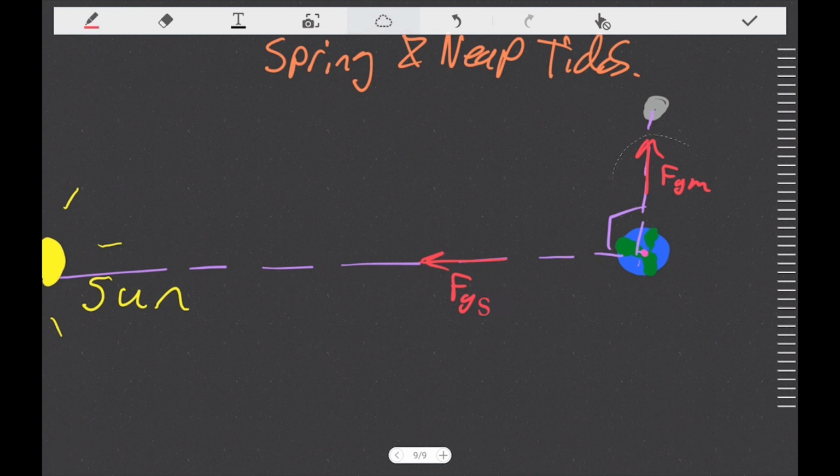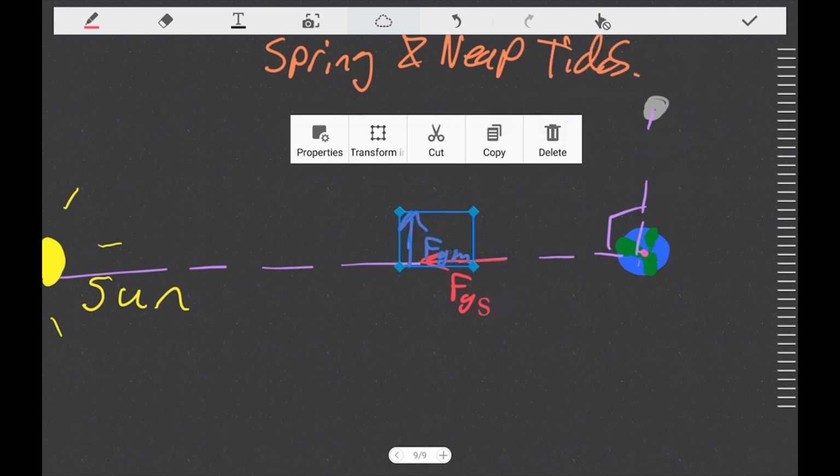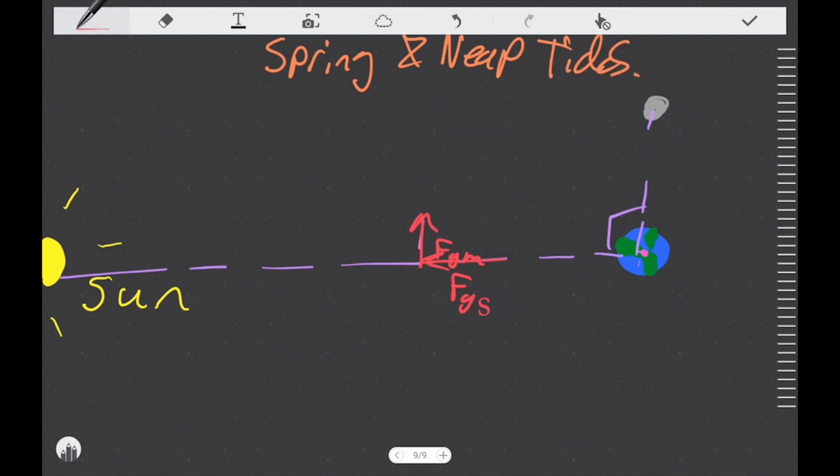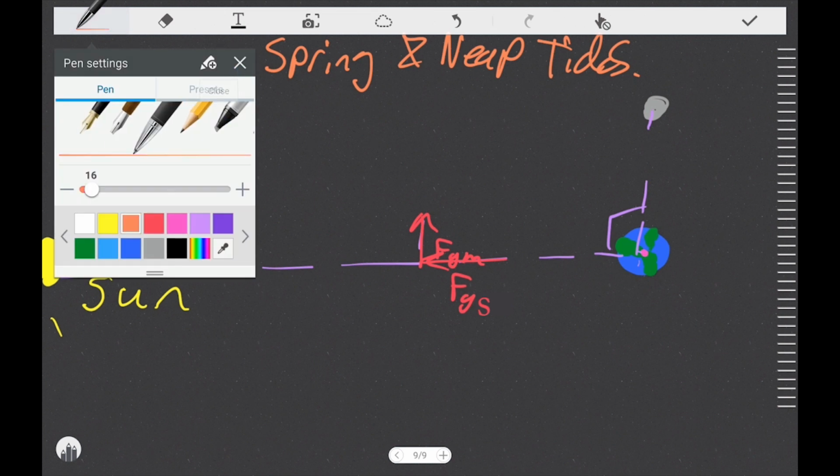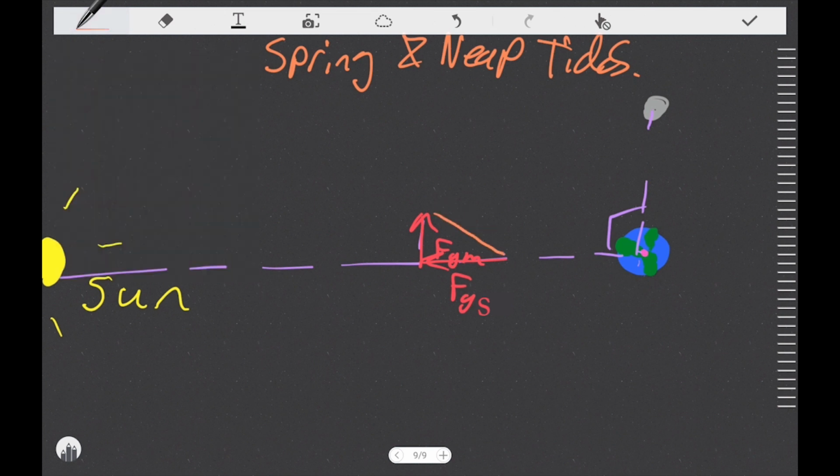If we were to add these two together, we would end up with a resultant force that points off on an angle and is shorter than the absolute magnitude of those two vectors put together.